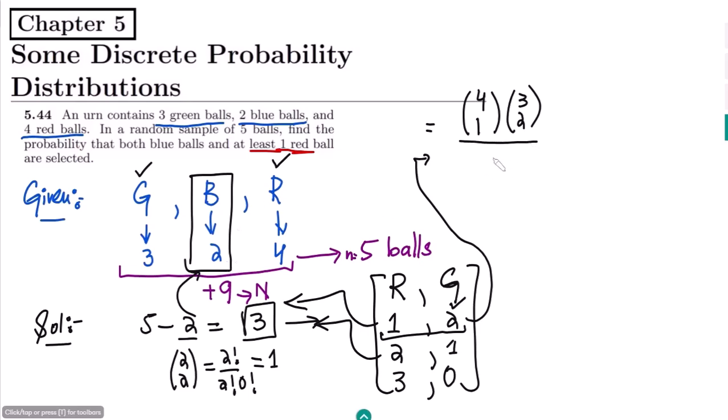Dividing it over the total number of combinations, which is selecting 5 balls from the total of 9.